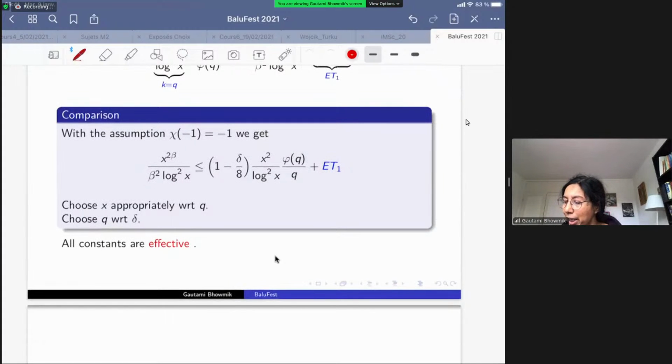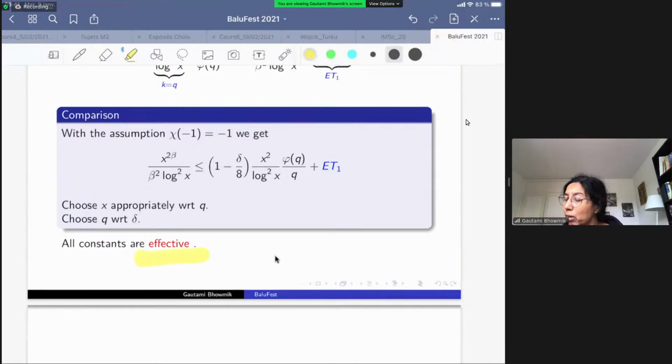Okay, and I want to say that all of these constants are effective. Why are they effective? Because what we used is the prime number theorem for arithmetic progressions. So if you use the prime number theorem for arithmetic progression, then you get your constants from there. Just as the delta that we got here, for our proof, it's enough to have it just small.